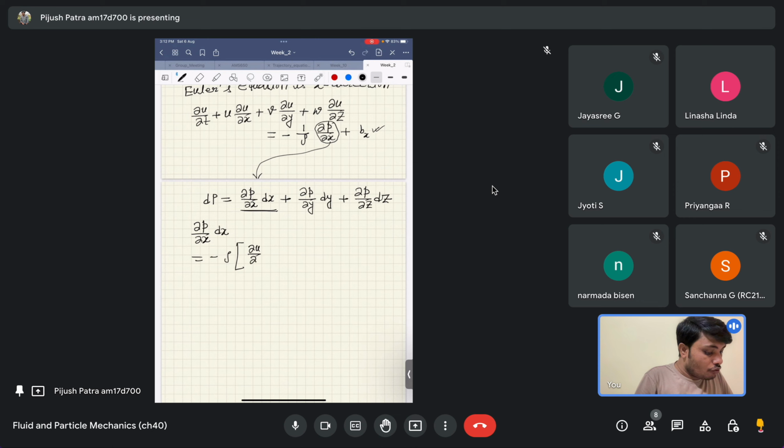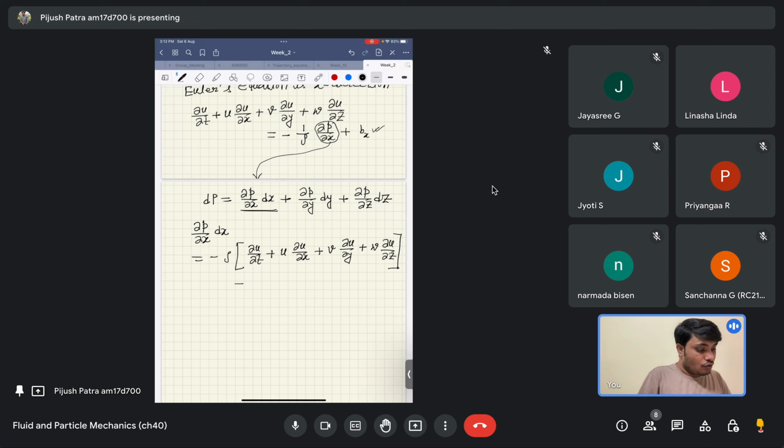So it will be ∂u/∂t plus u ∂u/∂x plus v ∂u/∂y plus w ∂u/∂z, rho multiplied with this, minus, so I'm substituting this.